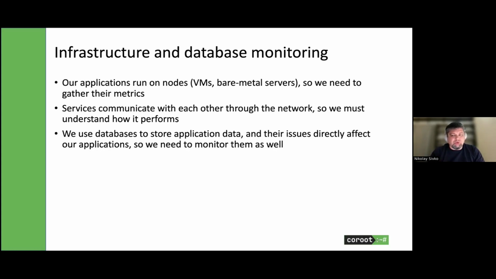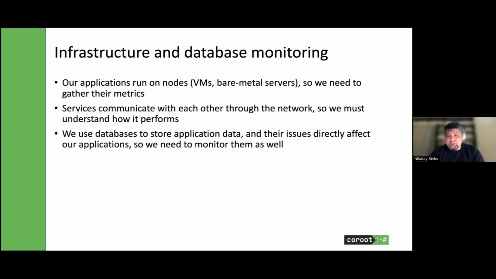For example, network latency, packet loss, and some network level errors such as unsuccessful connection attempts and so on. The next part is we are not only responsible for our application's performance, because our application usually works with some databases.